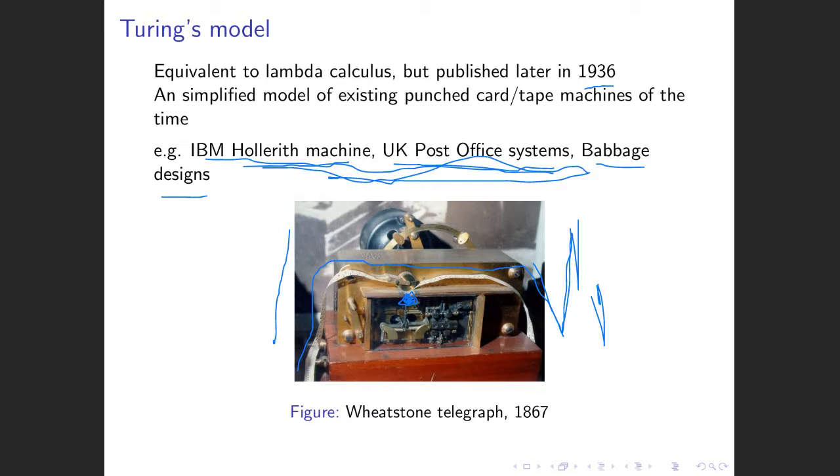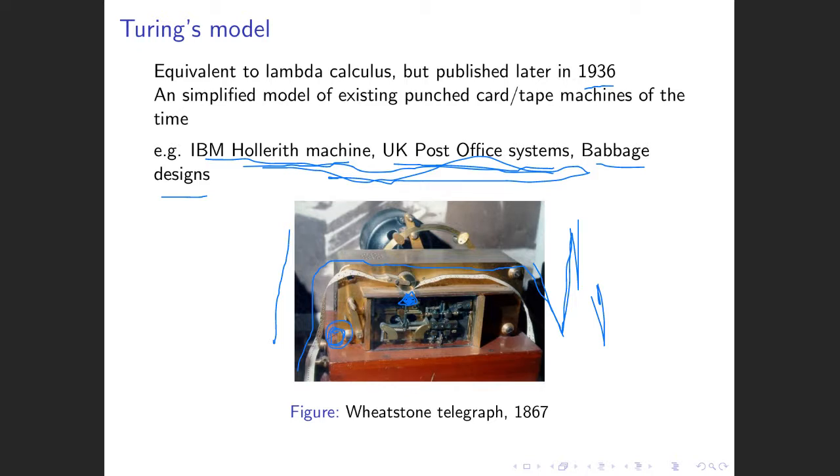So again, he's using this nice metaphor of the computing machines. You can think of it as a paper tape that is moved left and right. Your head is staying in place, and so your head can read and write to any one square at a time. And if you want to read and write somewhere else, you're going to have to move the tape. So importantly, this is not a RAM.